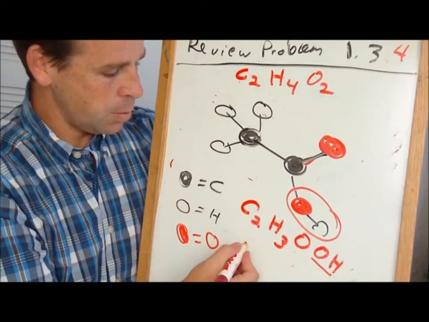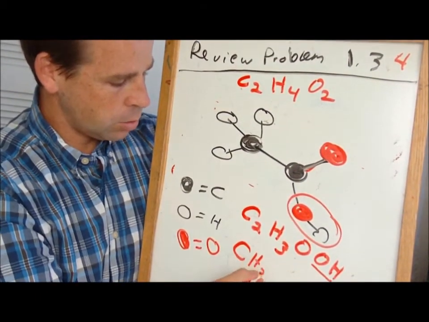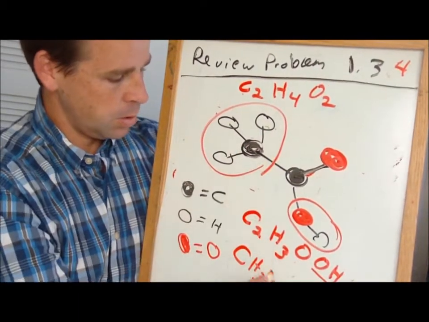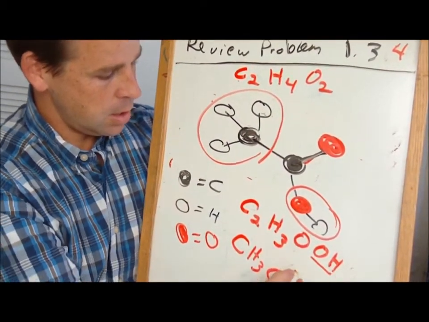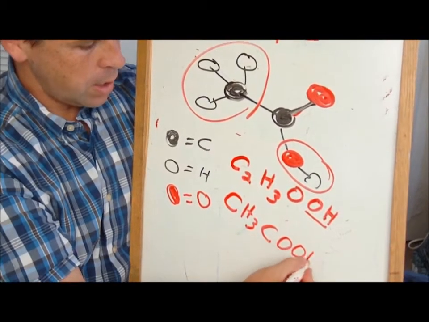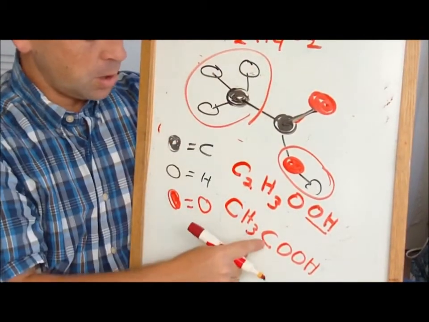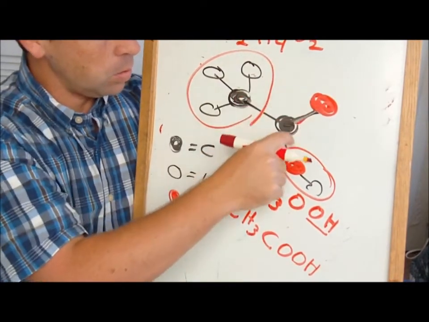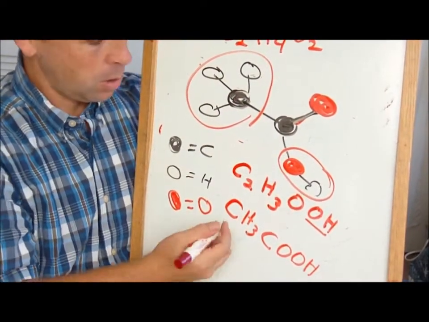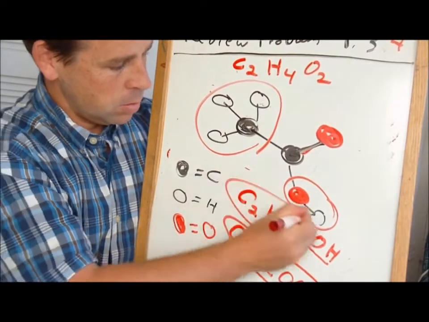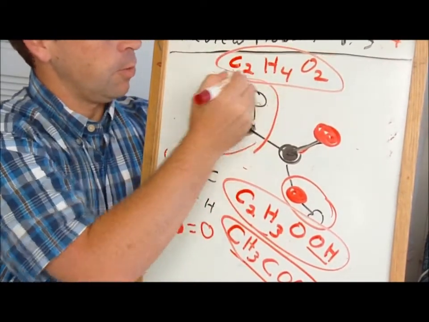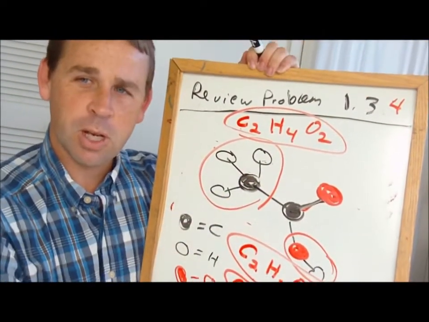Another way this could be written is CH3COOH, identifying the CH3 group and the COOH group. All of these would be fine for chemical formulas for this specific compound.